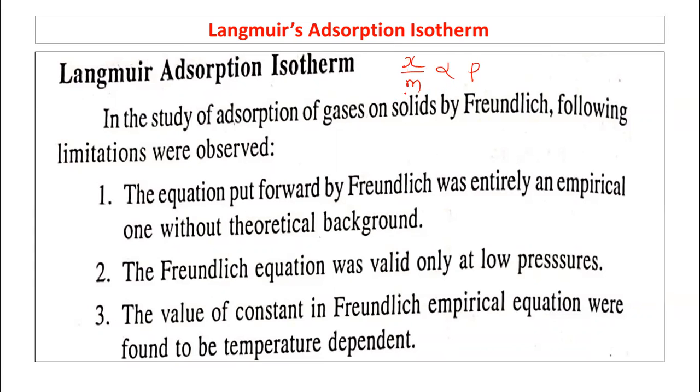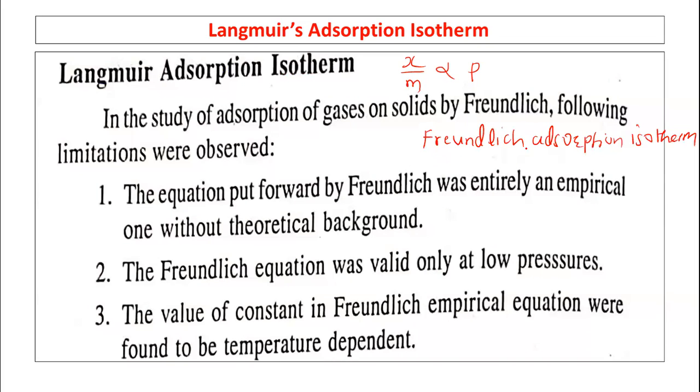So the first adsorption isotherm is the Freundlich adsorption isotherm. According to Freundlich adsorption isotherm, the amount of the gas adsorbed per unit mass of the adsorbent is directly proportional to pressure.